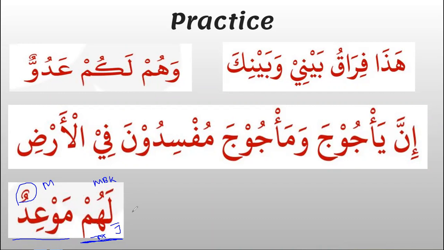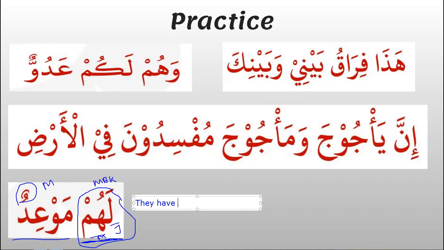An appointment is for them. But if you see lahum come early, before the mubtada, this is a kind of phrase in Arabic, and you can translate it not as for them, but as they have.